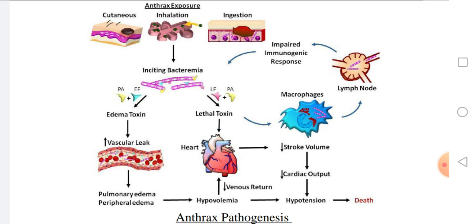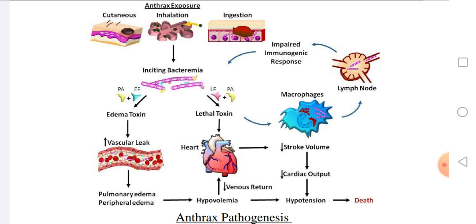So bacteremia and toxemia. The protective antigen carries the edema factor and the lethal factor to the inside of the cells. The combination of protective antigen and edema factor is known as edema toxin.